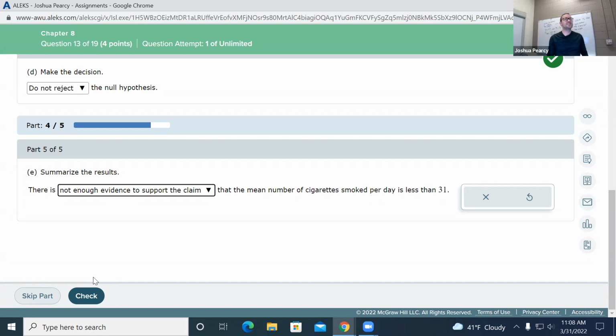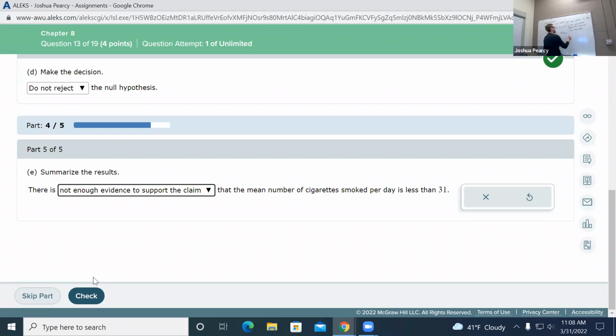Why would you not say you support the claim? This goes back to what we said at the very beginning. Why can you not accept the null hypothesis? Because you're trying to prove it wrong.